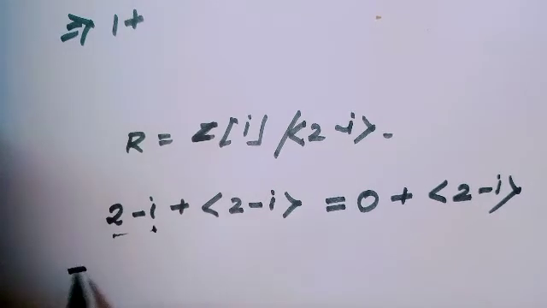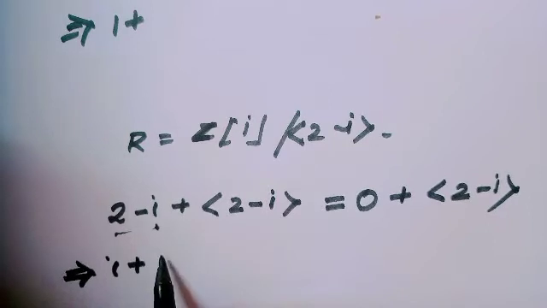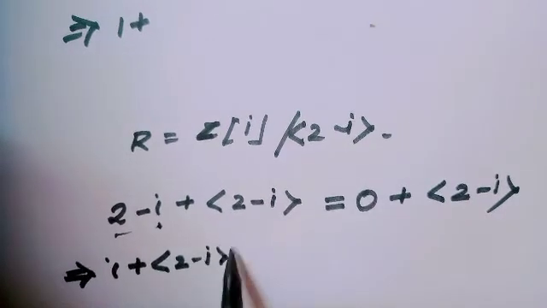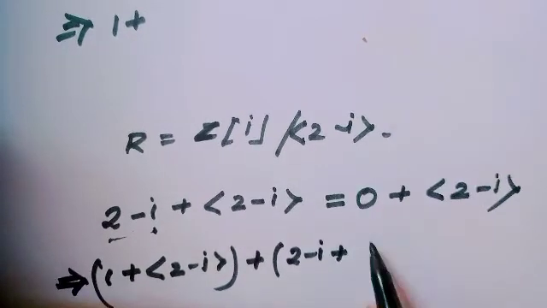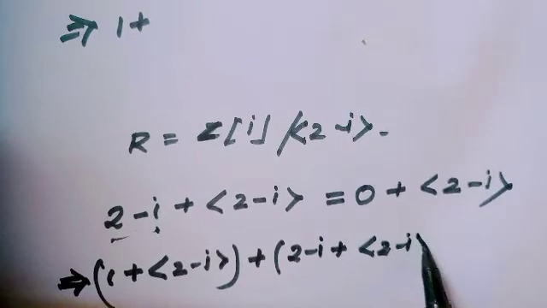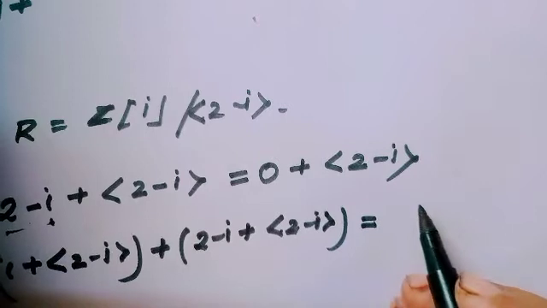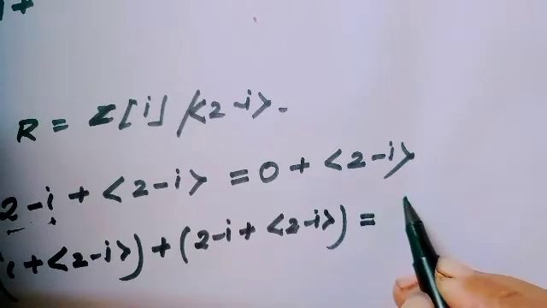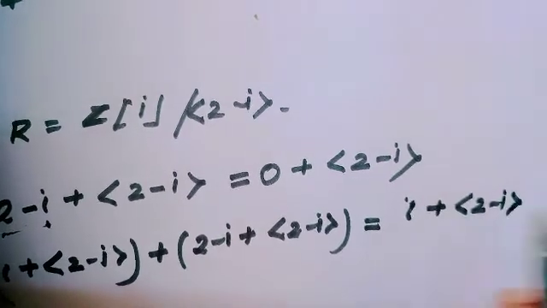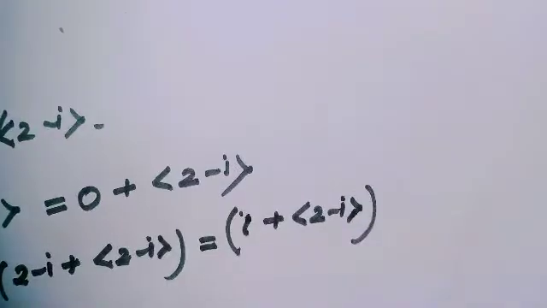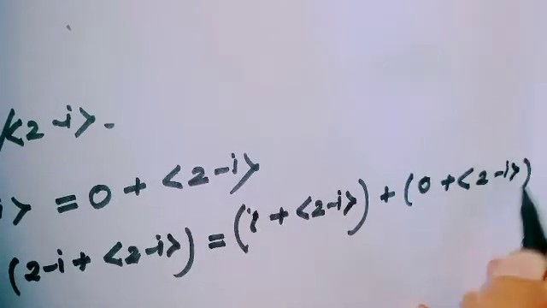if we add both sides i plus the ideal generated by 2 minus i, plus 2 minus i plus the ideal generated by 2 minus i, which is equal to i plus the ideal generated by 2 minus i plus 0 plus the ideal generated by 2 minus i.